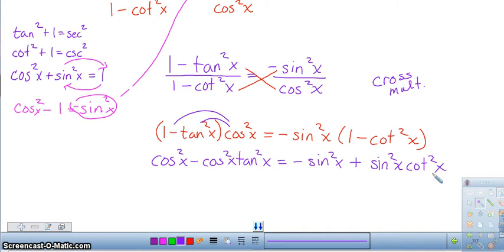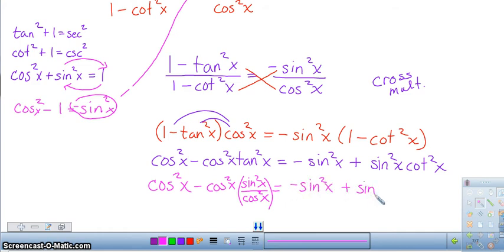Now, I understand things are still squared, but you're multiplying, like a cosine squared times a tangent squared. So since I'm multiplying, what I would do is rewrite it all in terms of sine and cosine. So this stays cosine squared minus cosine squared, and tangent squared is sine squared over cosine squared equals, this one I can't change, so negative sine squared plus sine squared, and now cotangent I can change.